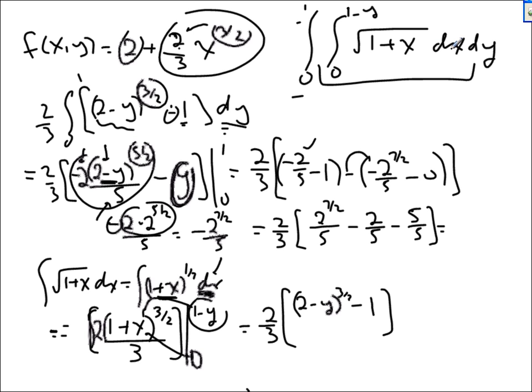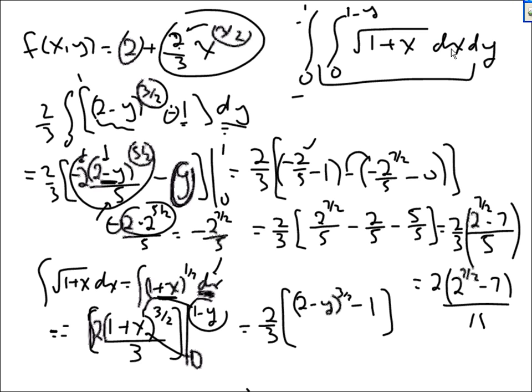So you get 2/3, everything's over 5, 2 to the 7 over 2 minus 7 over 5. That is 2 times 2 to the 7 halves minus 7 over 3 times 5, or 15.